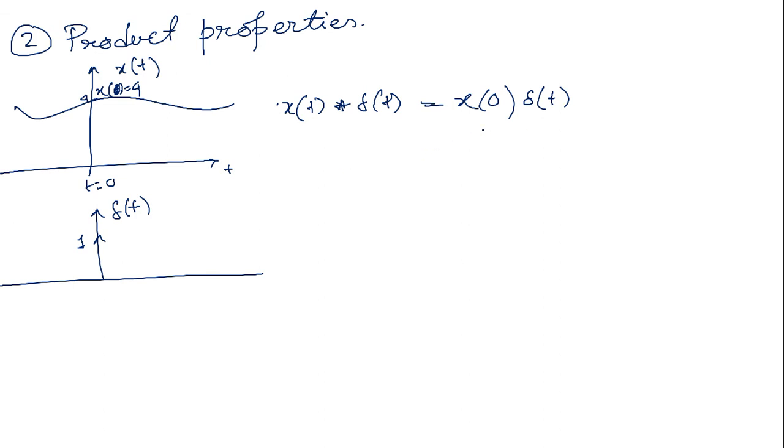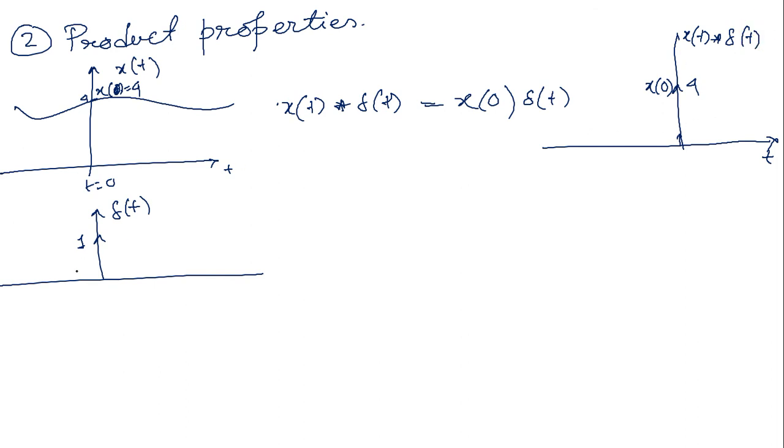So it looks like x of 0, here it is 4. It is x of t into delta t.